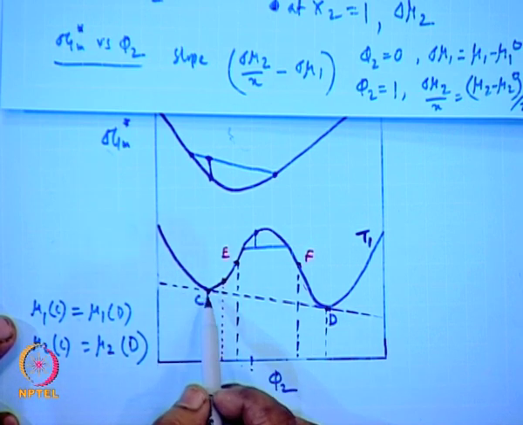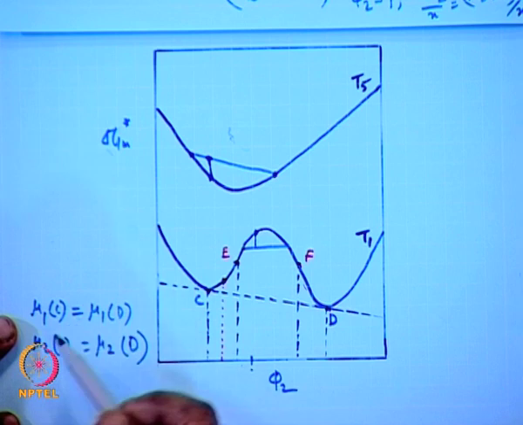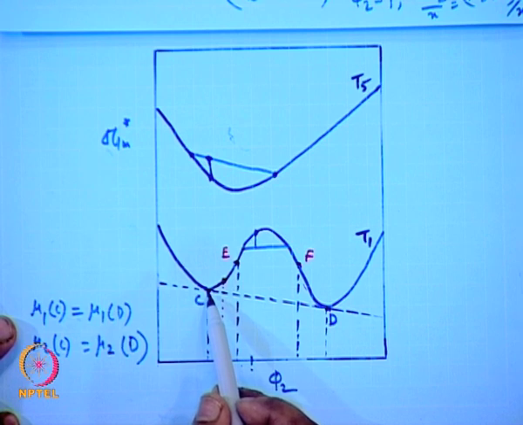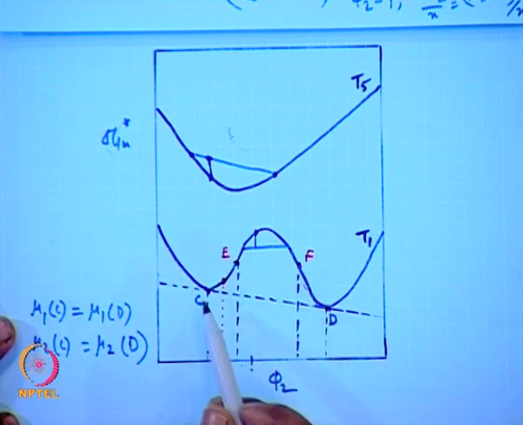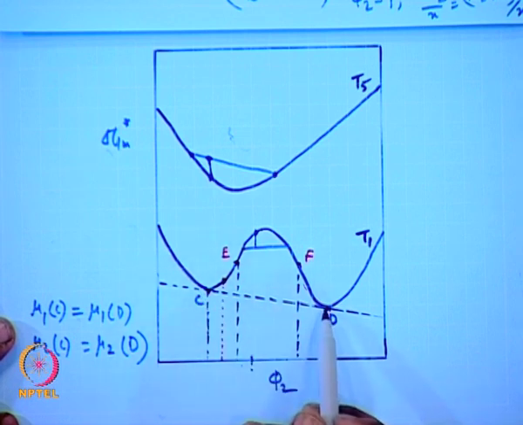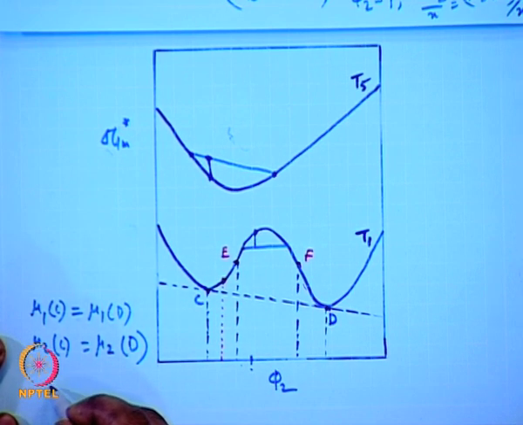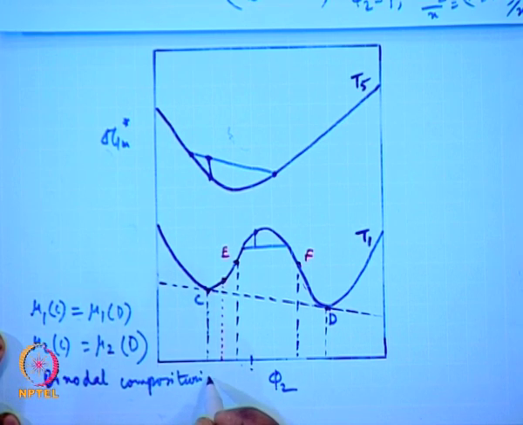If they have a common tangent, then the slopes will be the same, and from the slope we have already seen, we can write that mu 1 at C equals mu 1 at D. So, the chemical potential of the solvent at this point is the same as at this point, and so is the chemical potential of the polymer, which means that C and D are two equilibrium compositions, and we name these binodal compositions or binodal points.